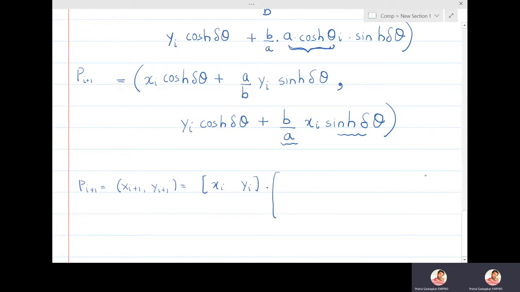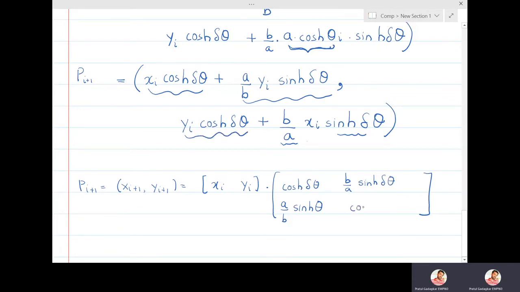What is the 2 by 2 matrix? It has cosh Δθ, then with respect to xi, b upon a sinh Δθ, and with respect to yi, a upon b sinh Δθ and cosh Δθ.